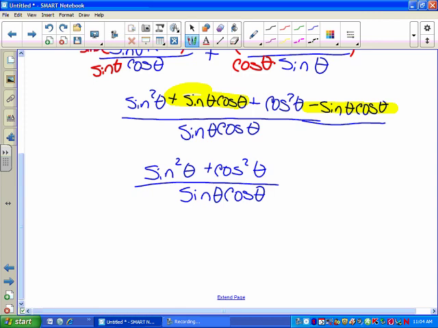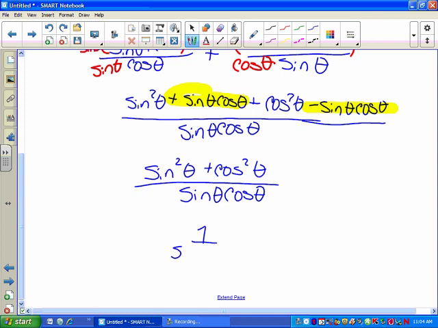Now, hopefully you know I'm not able to cancel the sine and the cosine because of the addition on the top. But hey, look at your identity sheet. What do you notice about sine squared theta plus cosine squared theta? Well, that's the main one you need to have memorized. The main Pythagorean identity is that sine squared theta plus cosine squared theta equals 1.